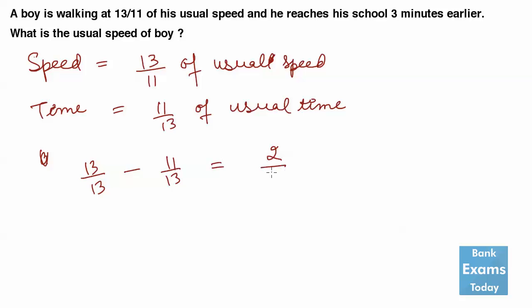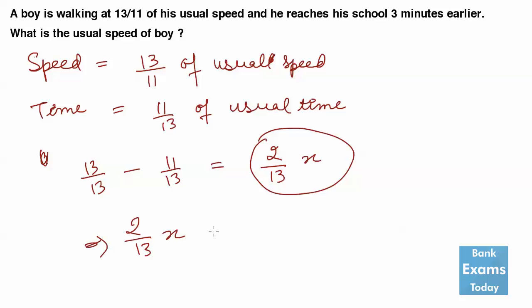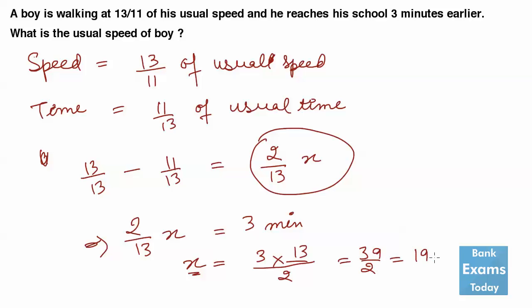So he took 2/13 of the time less than the usual time. So 2/13 of x is equal to 3 minutes. So x, the usual time, is equal to 13 multiplied by 3/2, that is 39/2, which is 19.5 minutes. So 19 and a half minutes is our answer.